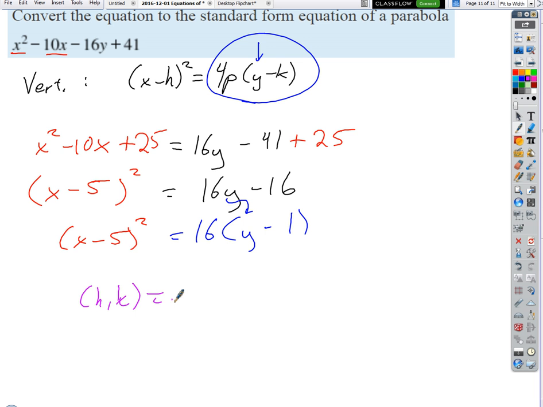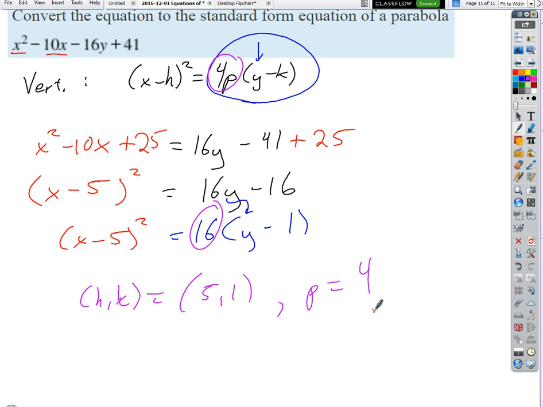The vertex of the parabola is at what? 5, 1. And what's the distance between the focus and the vertex? p. If 4p is equal to 16, it's just that number divided by 4, isn't it? That's all we need. That information defines the parabola, right? Does that make sense?